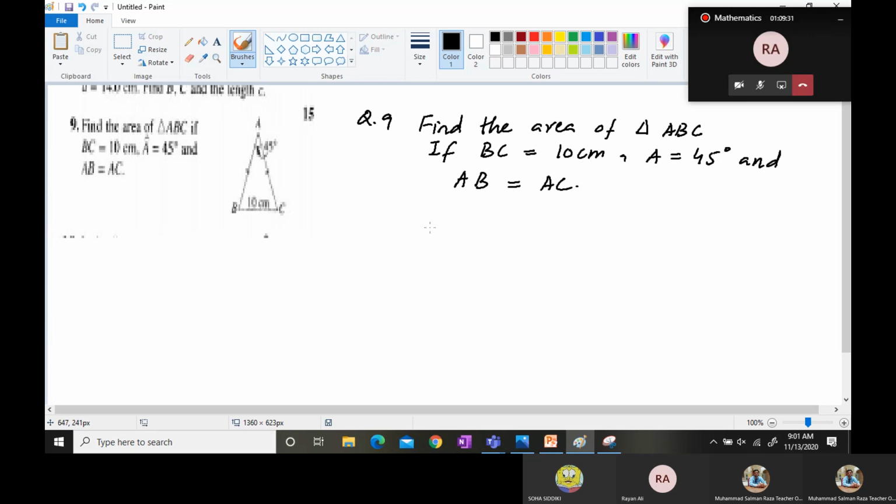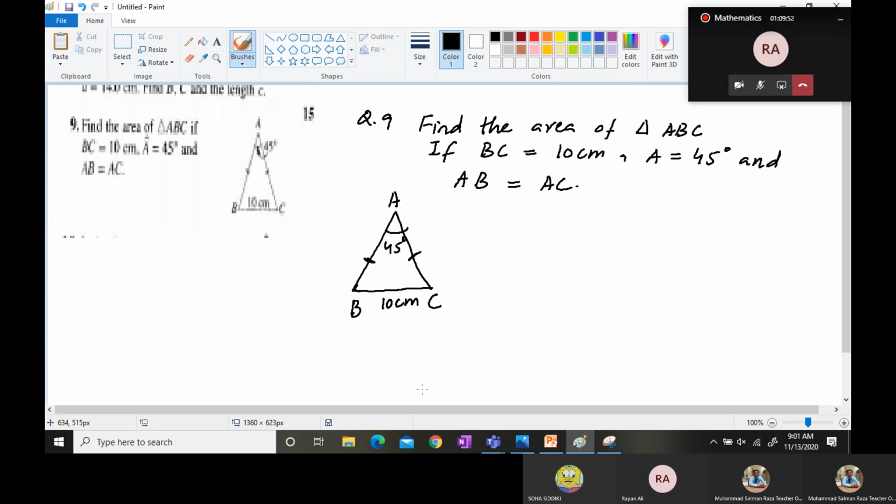We need to find the area of this. So the diagram is drawn like this: A, B, and C, and they have marked this as well, and this is 10 centimeters.